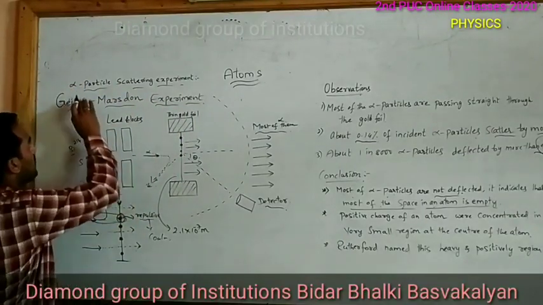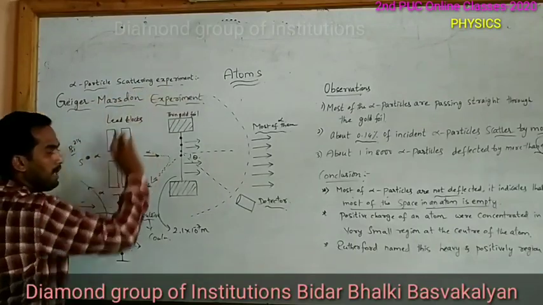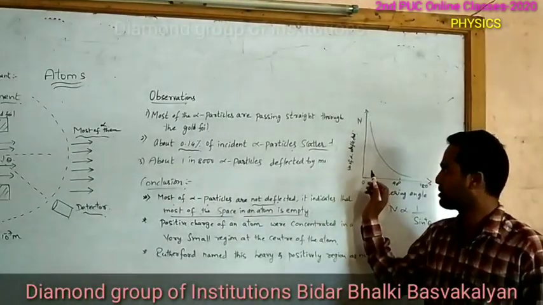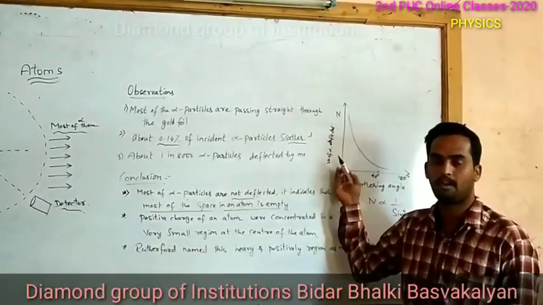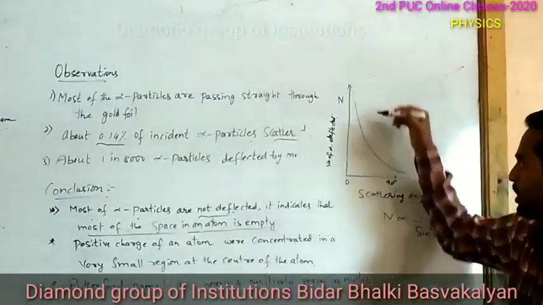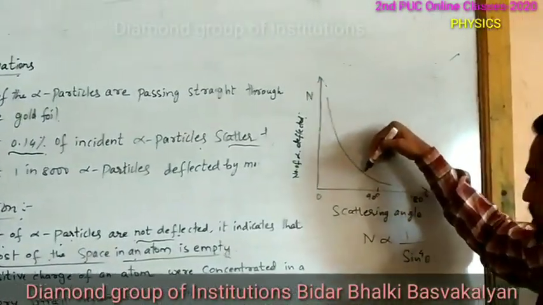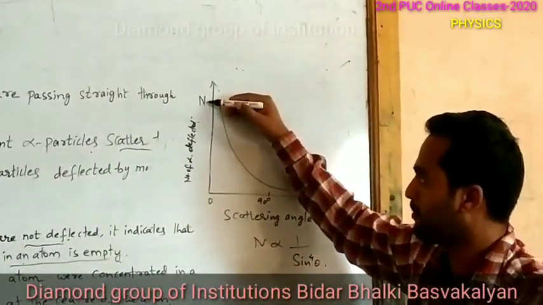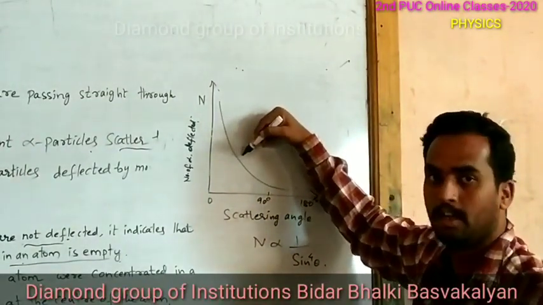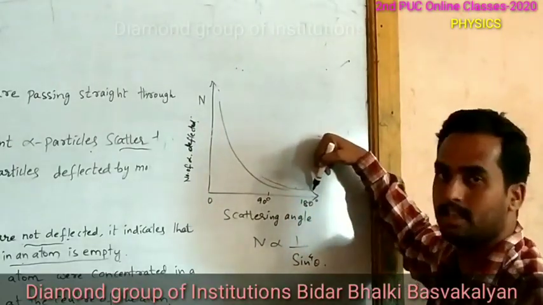So this is the observation as well as the conclusion regarding the Geiger-Marsden experiment. The name of the experiment is the alpha particle scattering experiment. Also, you can see a graph plotted of the number of alpha particles deflected against the scattering angle. The graph is in this manner. The number of alpha particles is decreasing, that is, they are deflecting less as the angle increases.